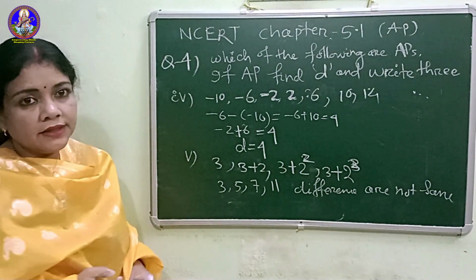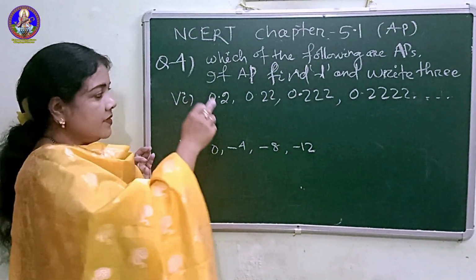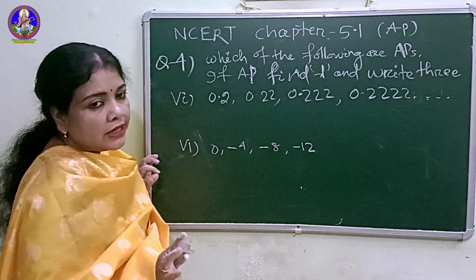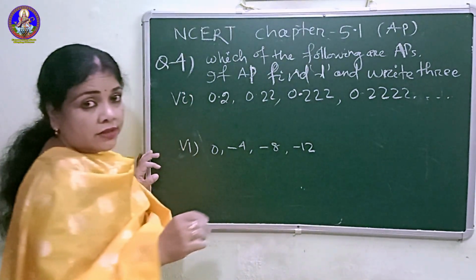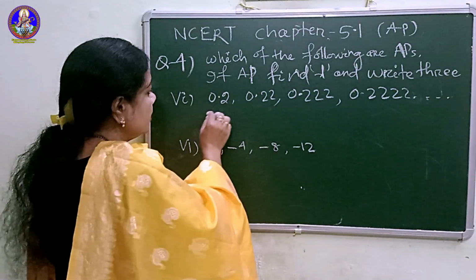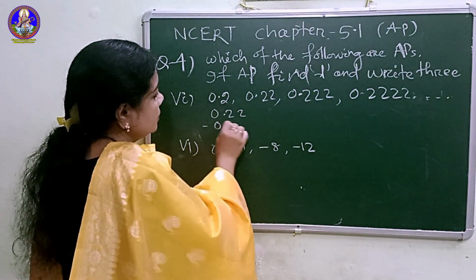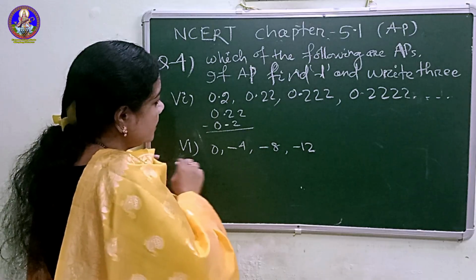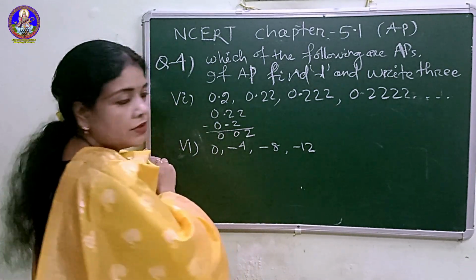Next, let us solve another question, question number C. The sequence given is 0.2, 0.22, 0.222 and 0.2222. So we have to check the difference now. If I take the difference 0.22 minus 0.2, it is 0.02.